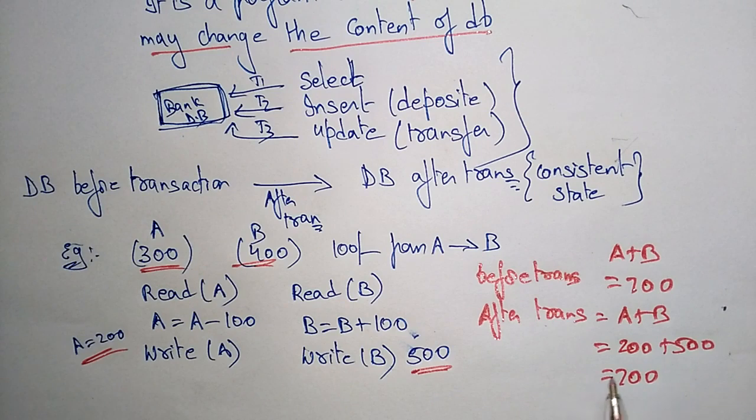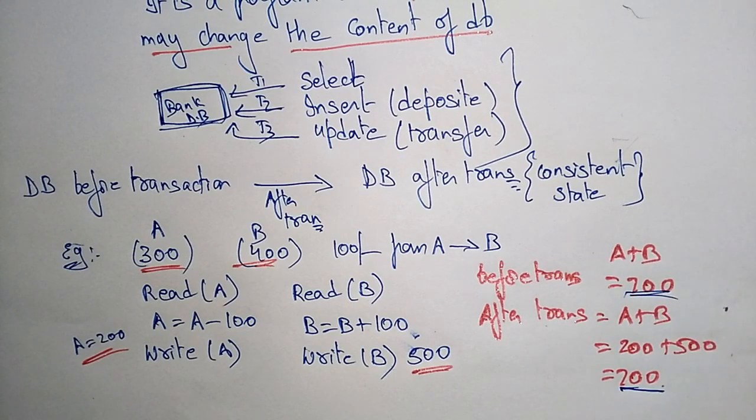After transaction A plus B is also 700. Then you can say the database is in a consistent state without any problem. So before transaction and after transaction, the database should be in a consistent state.